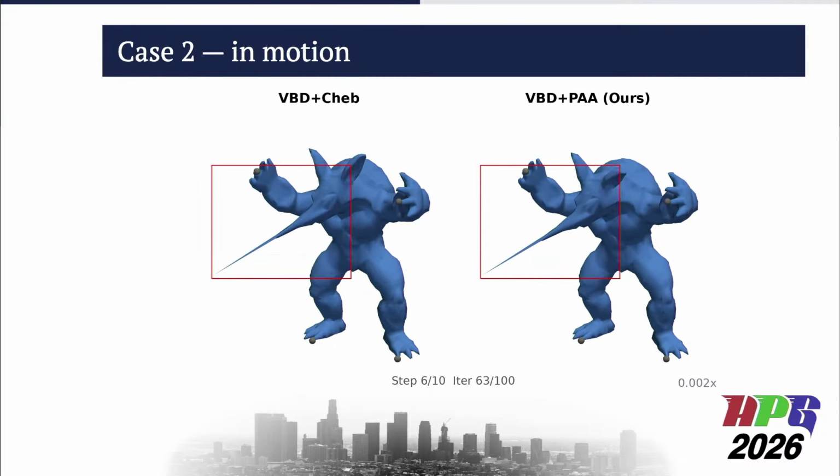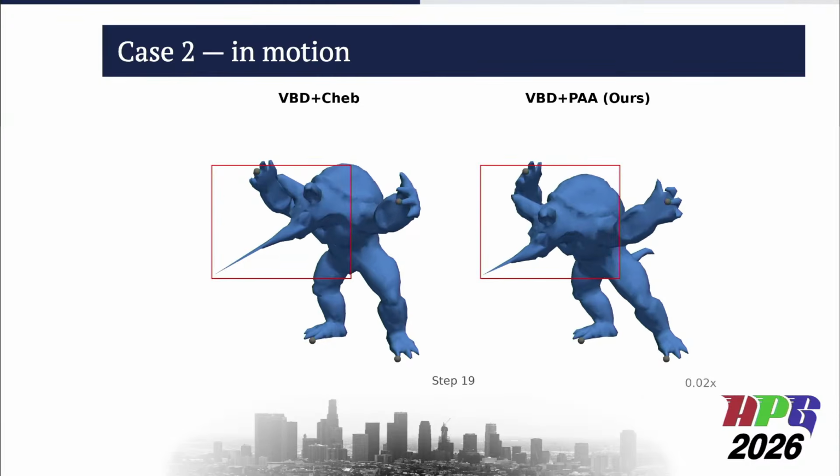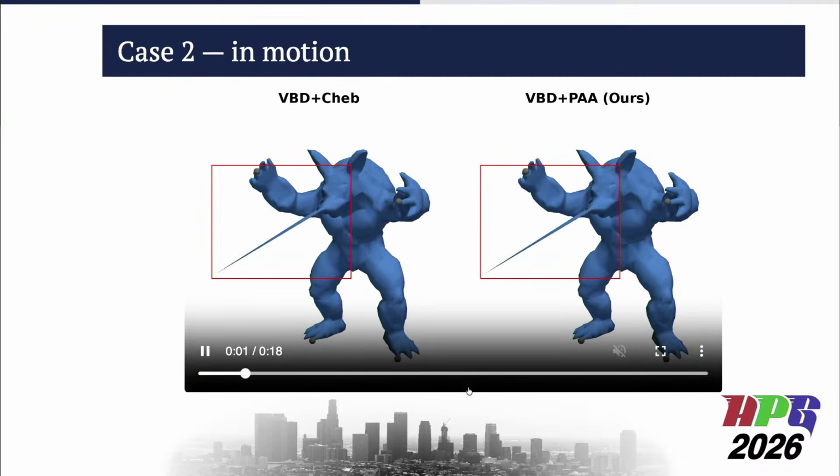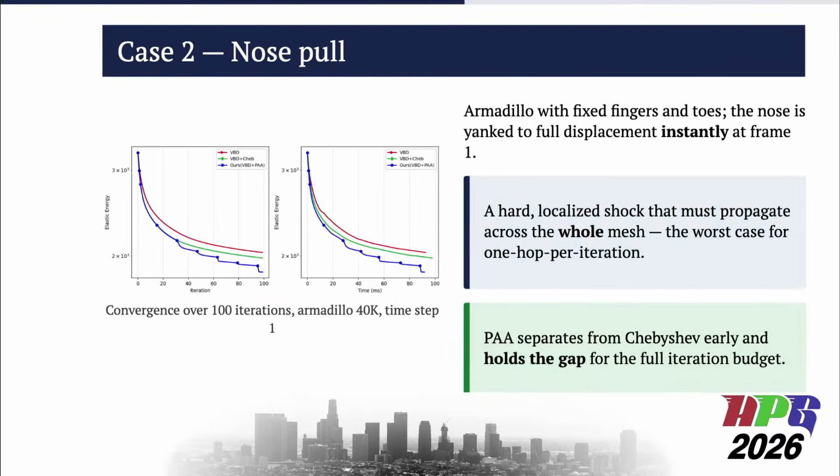So this is why we can reduce the global errors. And this is the plot of the energy curve, and we achieve lower energy both in the same iteration and also in the same running time.